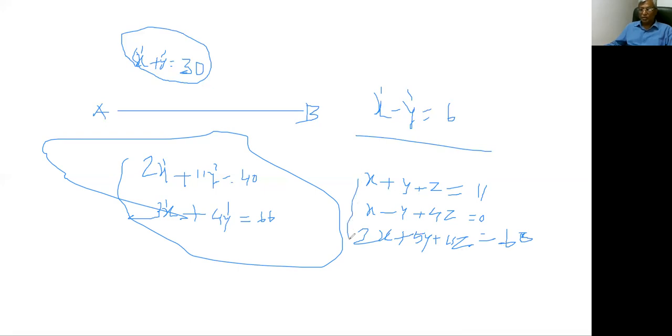Here you see these three equations: first equation, second equation, and third equation. These three equations are forming a system of linear equations in three variables. These two equations are forming a system of linear equations in two variables. And these two equations are also forming a system of linear equations in two variables.